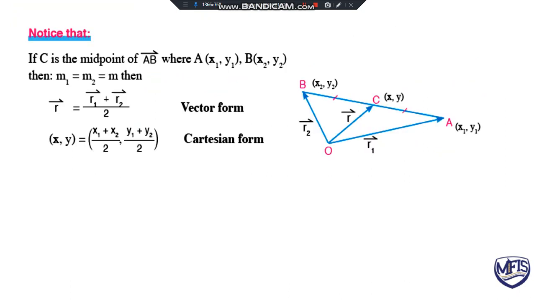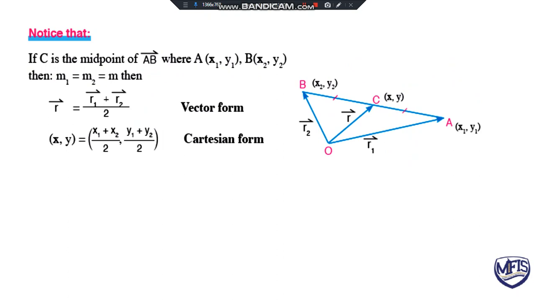So here C is the midpoint of AB, where A is X1, Y1 and B is X2, Y2. M1 equals M2 equals M, because C is the midpoint. So vector R, which is represented by OC, which is represented by the ordered pair X and Y, equals R1 plus R2 divided by 2.